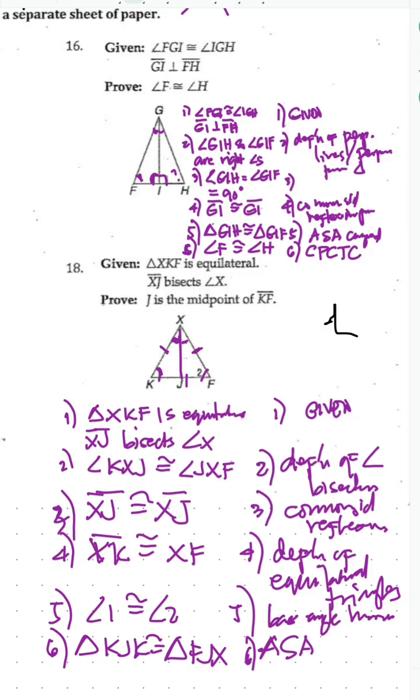And then okay, this one is congruent to this side, and this one is congruent to this side, and the angles are congruent, so that means the rest of the parts of the triangles are congruent. So that means side KJ or JK is congruent to side JF by CPCTC.